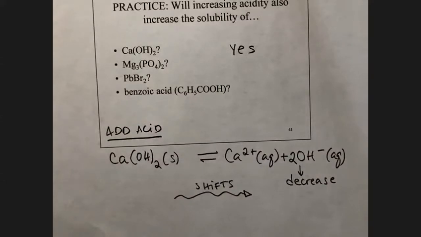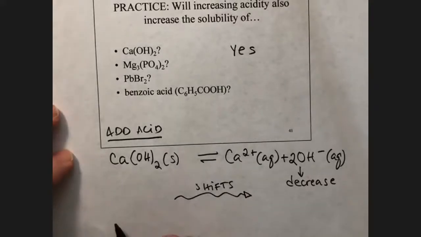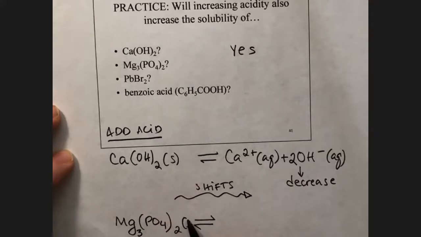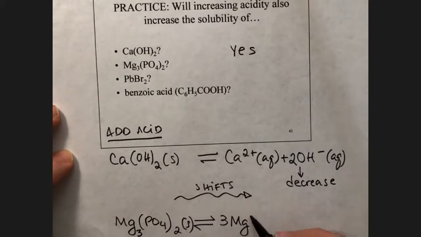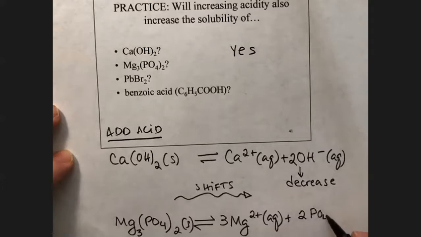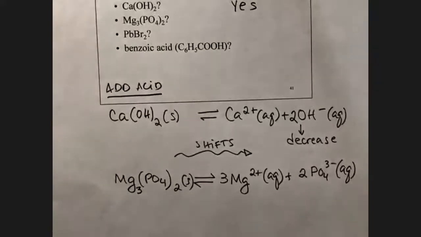Okay, let's look at magnesium phosphate. This is 3 and 2. So this is going to give me 3 units of magnesium and 2 of phosphate. Okay, so this one might not be as obvious.